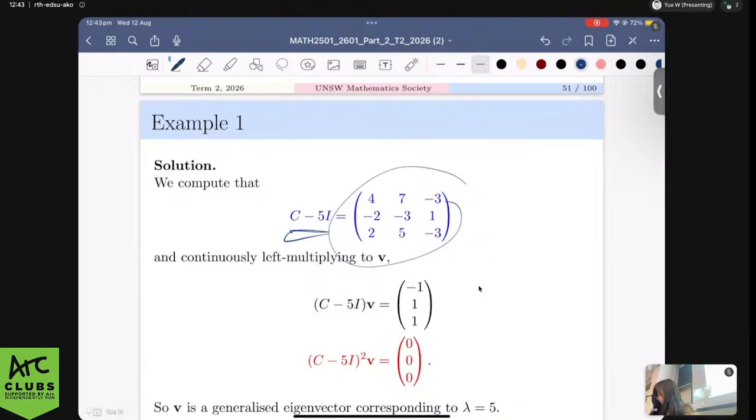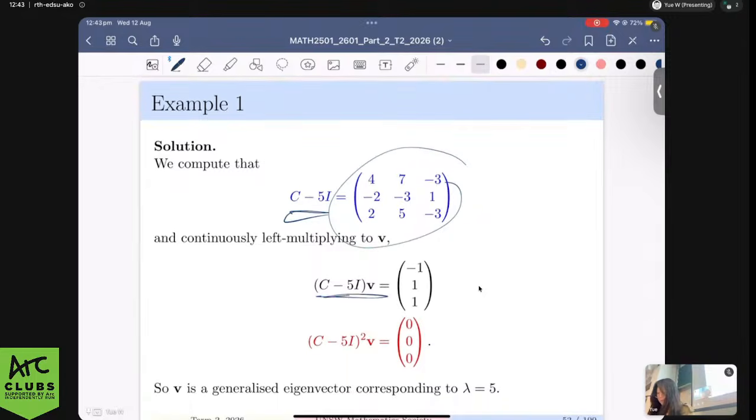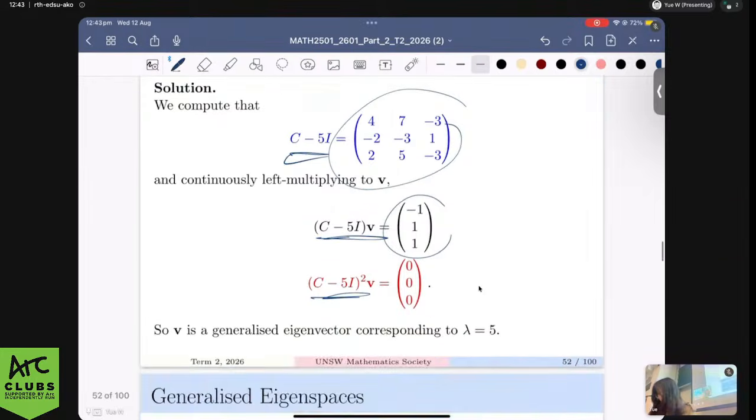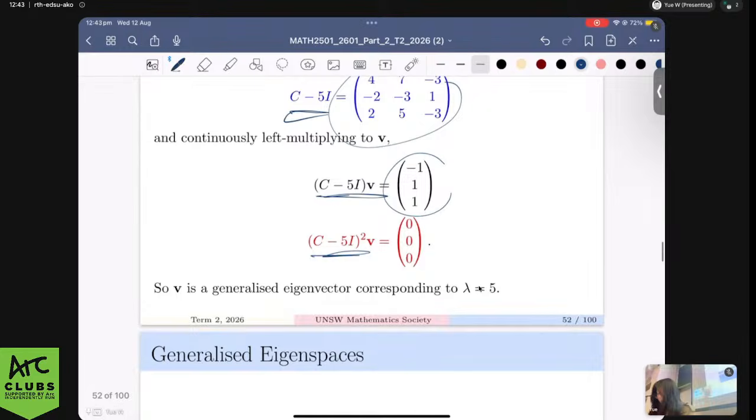And then you can continuously left multiply, right? So if you multiply C minus 5I by our vector phi, you should get this here. But if you do it again, you'll notice that the vector becomes 0. What that means is that phi is a generalized eigenvector corresponding to lambda equal to 5, because you eventually reach a state where the final vector is equal to 0.